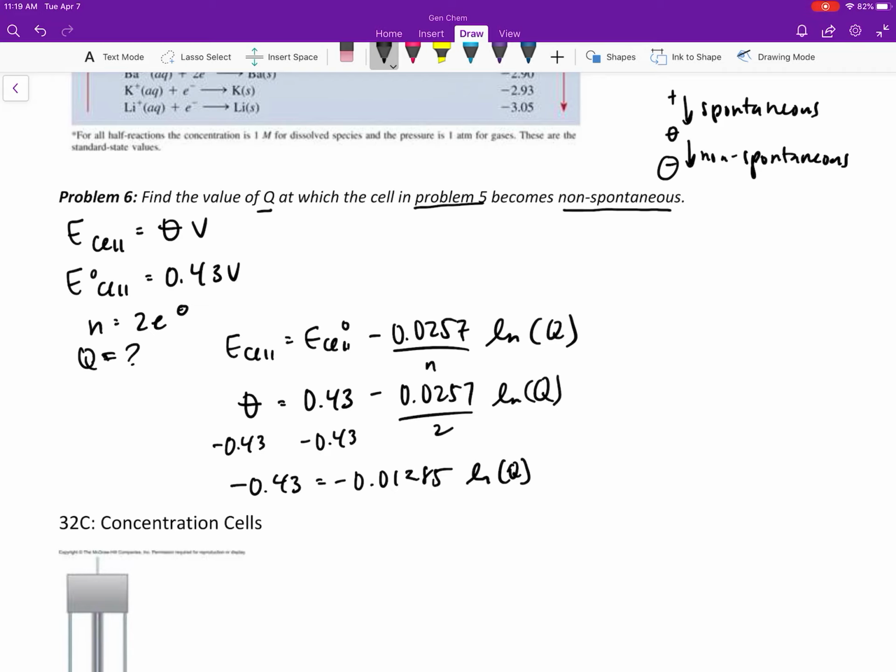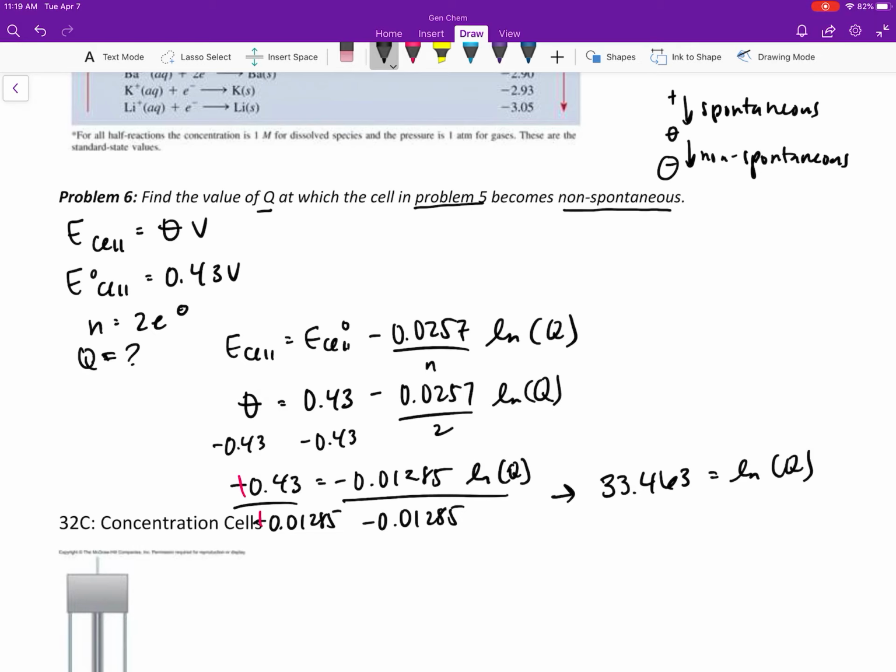And then to get rid of this, you need to divide because they are multiplied by each other. And then I'm going to move this over here, so the negatives will cancel out. And this is going to leave me with a value of 33.463 is equal to the natural log of Q.